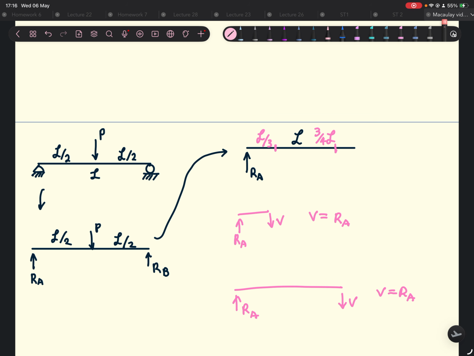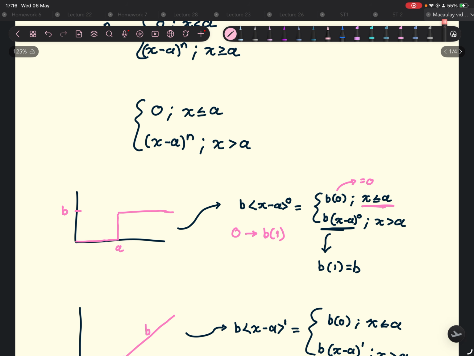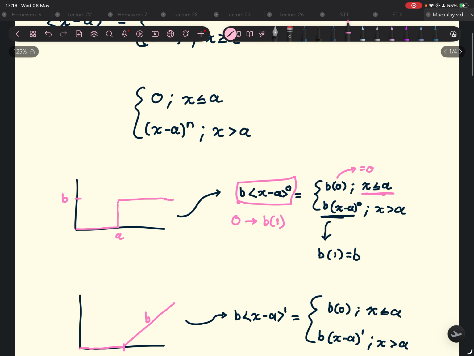Cool. So I know how to write the Macaulay expression for a constant: it's just going to be RA, because that's the thing that's constant. So the shear force is going to be equal to RA, and it's going to act along the entire length of the beam.